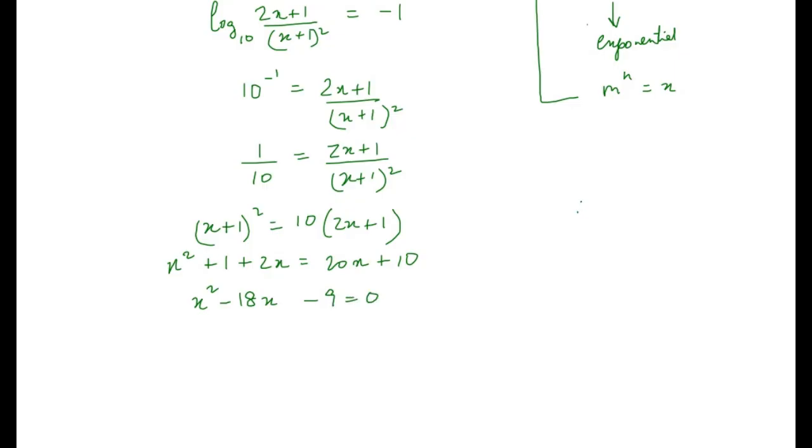Now I can just put it into my calculator. I'm going to put 1, minus 18 and minus 9 into the quadratic function on my calculator, and that gives me x is equal to 9 plus 3 root 10, and x is equal to 9 minus 3 root 10.